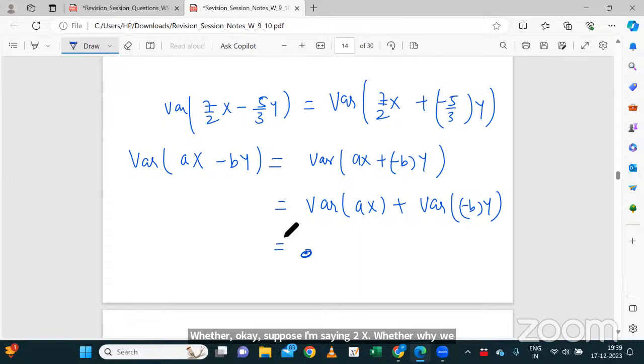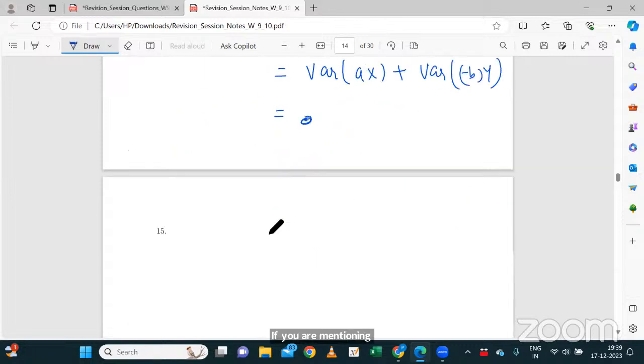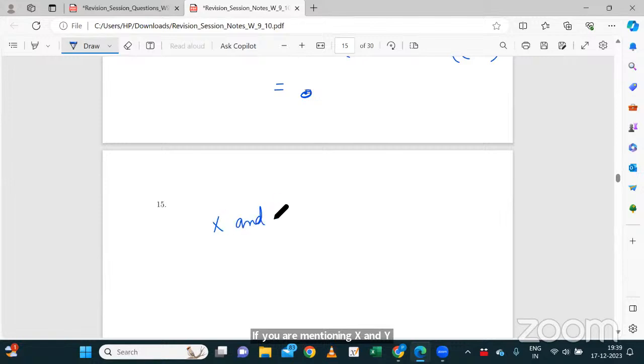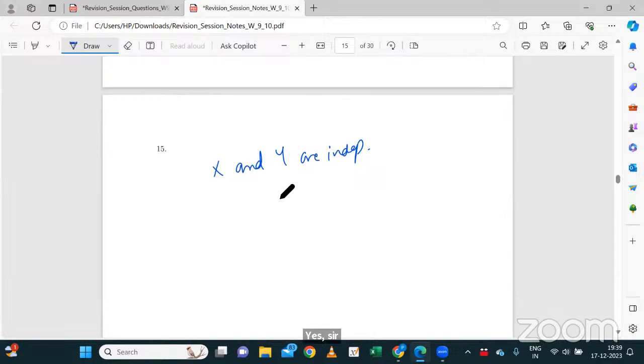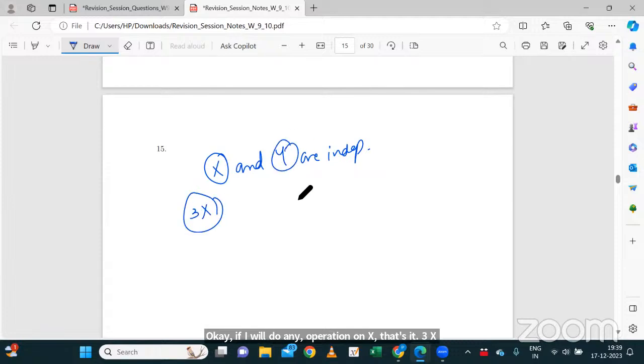My question is, why are we taking 3X and 2Y as independent if we are mentioning X and Y as independent? Suppose x and y are independent. If I do any operation on x, let's say 3x, will it have an effect on y?